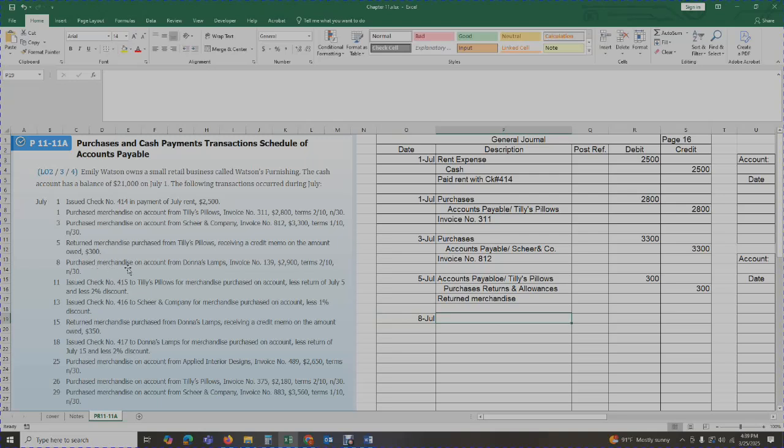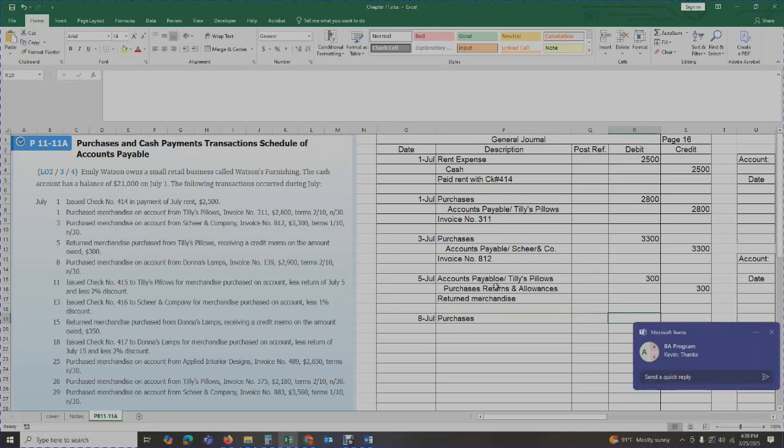On July the 8th, what's happening on the 8th? We purchased more merchandise on account, this time from Donna's Lamp. Invoice number 139, $2,900, terms 2/10, net 30. So we're recording the purchase amount only. I don't care about the discount. That comes into play when we pay the invoice. So we purchased merchandise on account. We're going to debit our purchases for the amount of the purchase, and that is $2,900.